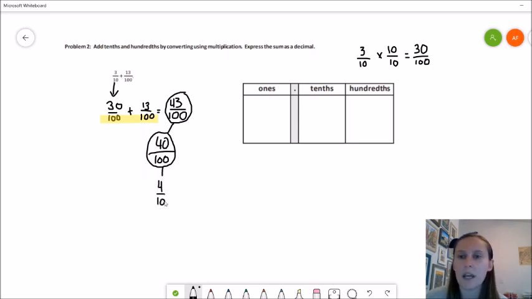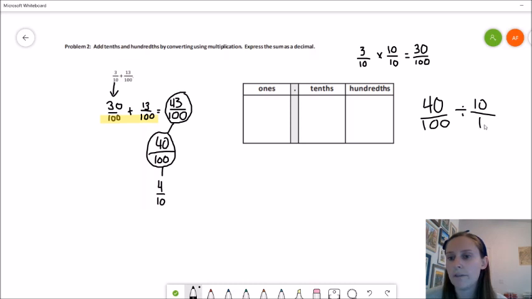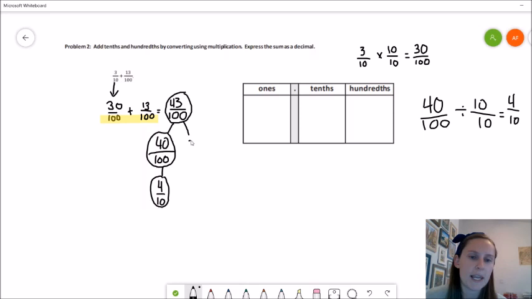Because if we were to write an equivalent fraction equation, 40 hundredths, if we were to divide both our numerator and denominator by 10, I know that 40 hundredths is equal to 4 tenths. So 40 hundredths is equal to 4 tenths, and then I have 3 hundredths.